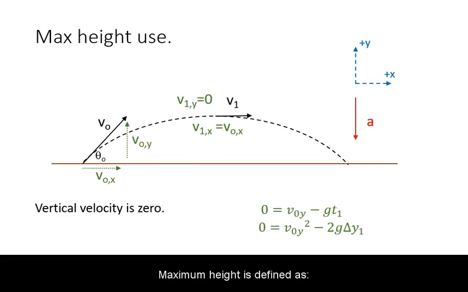Maximum height is defined as where the vertical component of the velocity is 0. This allows simplification of some of the kinematic equations to solve for time and displacement to maximum height.